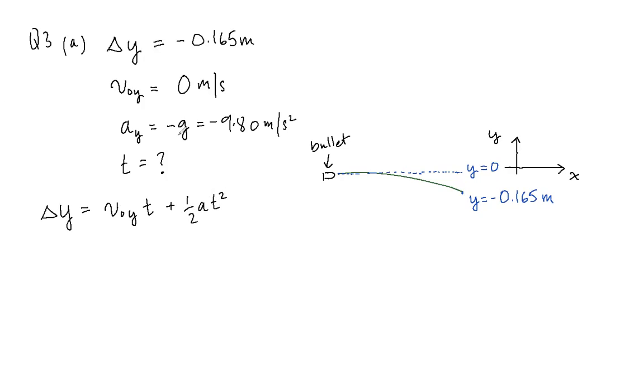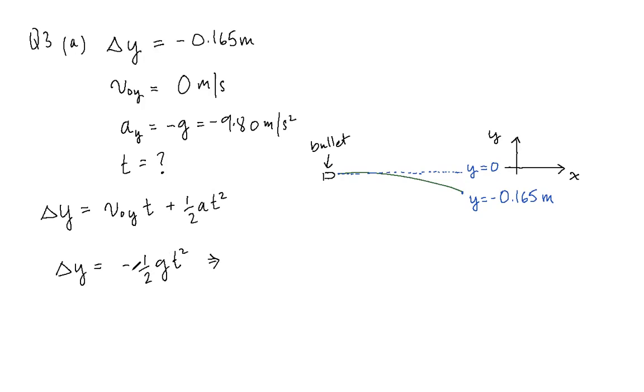And we can go ahead and plug in minus g for a. We can plug in 0 for v0y. So we have delta y is equal to minus 1/2 g t squared. So now we can go ahead and solve this for the time. All I have to do is multiply both sides by 2 and divide both sides by g.